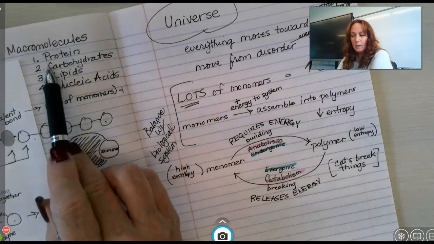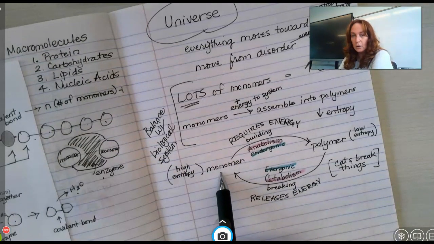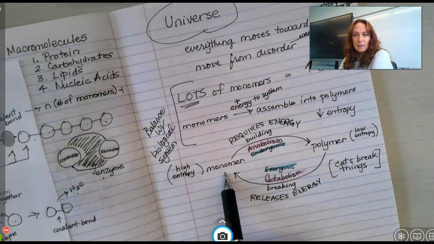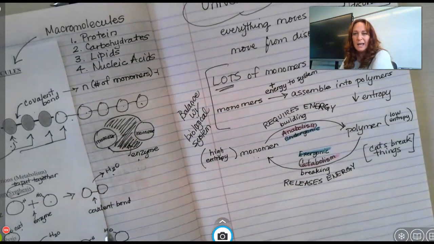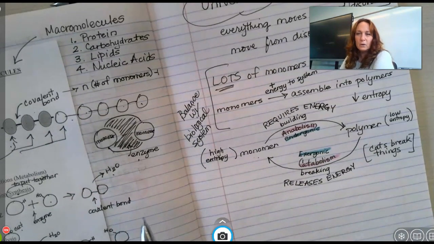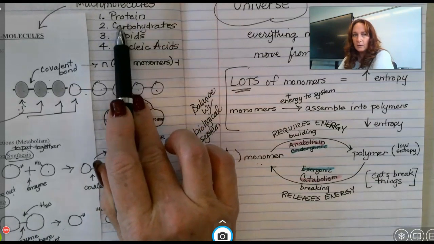So we'll talk about what the functions are, what the smallest pieces are, and then we name the bonds. So yes, they're all covalent, but you wouldn't like if I was like, hey, student, get over here. You have a name. So they name the bond, the covalent bond, that's over here between these monomers. They have a distinct name for each one of these macromolecules.